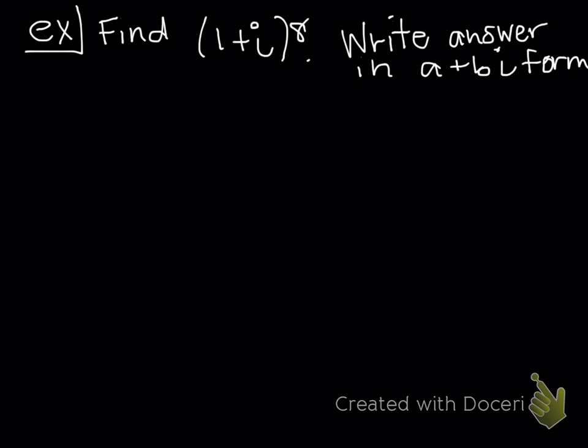So the problem is DeMoivre's theorem only applies to our complex numbers in polar form. So right now I have a and b, so I have to make it look like this whole z equals r cosine of theta plus i sine of theta. So I have to find what r and theta are.